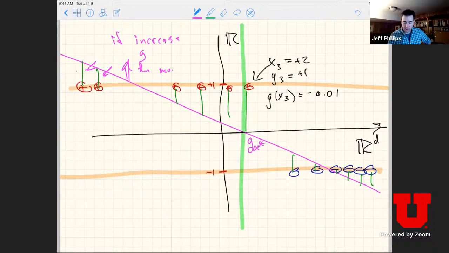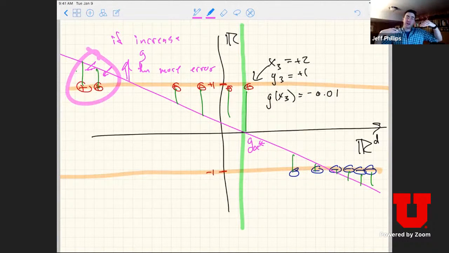I'm going to get more error over on these points, kind of over here, right? These points are going to get more error if I increase the classifier. But I had these classified correctly, the right way, and if I move them further left, this classifier is going to want to be lower, and it's going to do a worse job of classifying the points close to the boundary here. So this is not quite the right cost function.